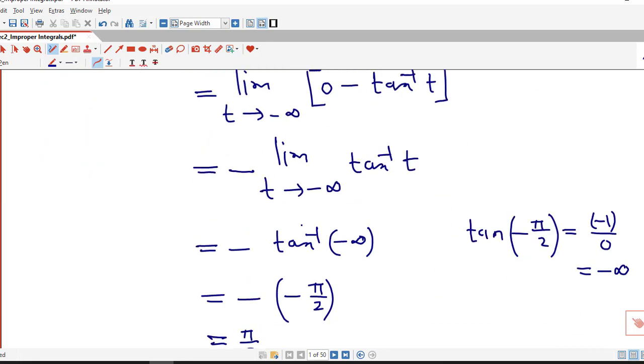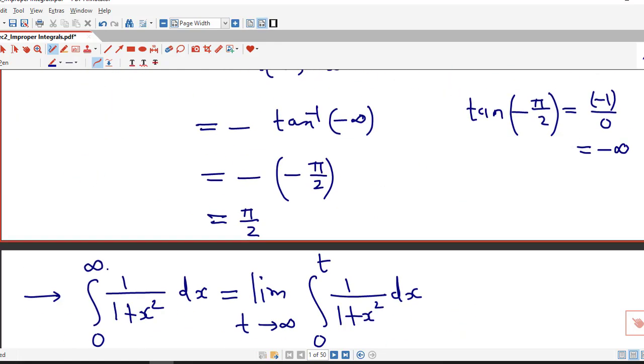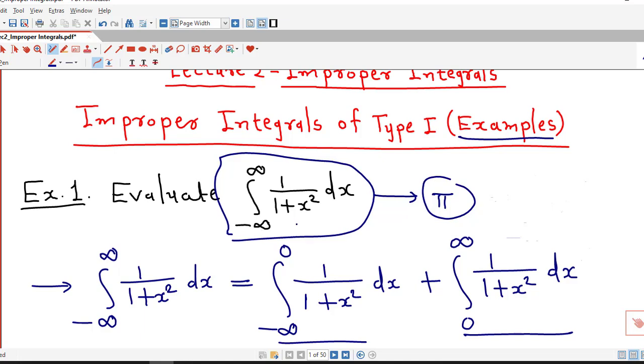Both the values are pi by 2, so we can write its value as pi by 2 plus pi by 2, that is pi. So this is the value of the given integral. It is a convergent improper integral with its value being pi.